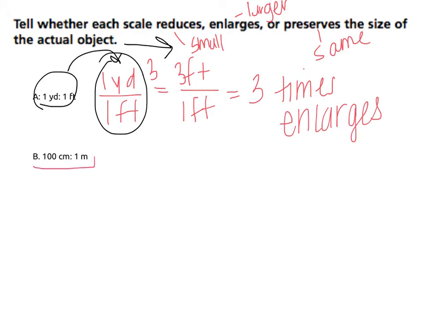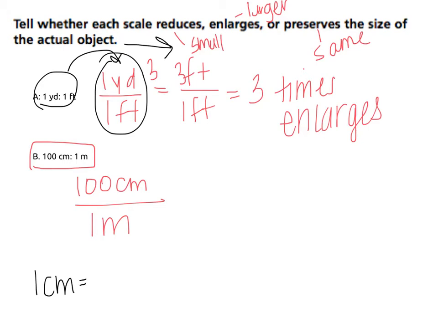Here's our scale. So we're going to do 100 centimeters over 1 meter. And you can use your conversion chart that we use at the beginning of the chapter to help you with this. Looking at your conversion chart tells you that 1 centimeter equals 0.01 meters.